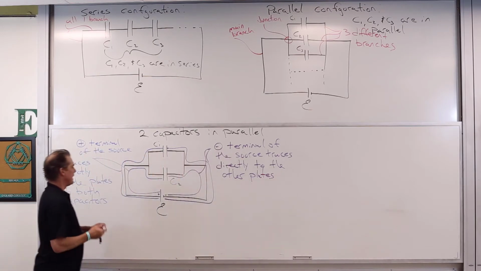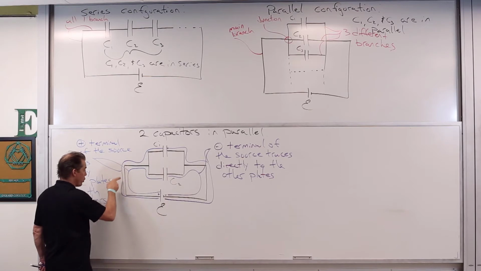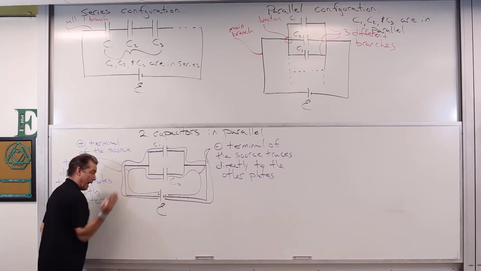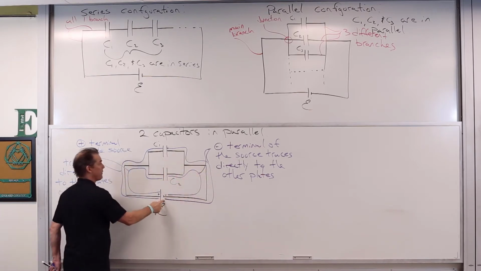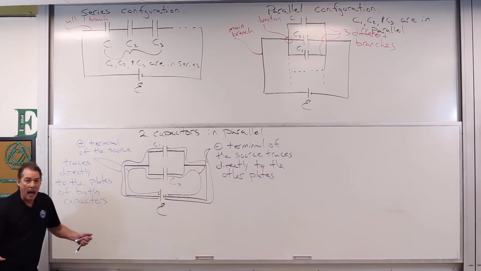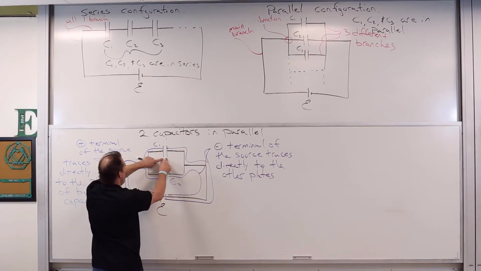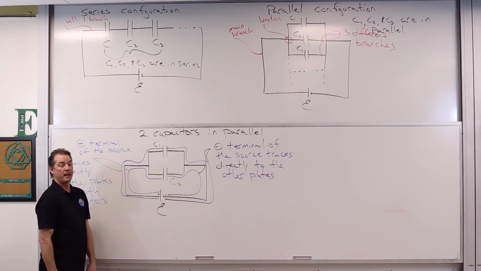So what does this mean? Well, it means that this plate is a direct extension of this terminal, and this plate is a direct extension of this terminal. And this plate and this plate are both direct extensions of this terminal. So what happens? Well, if this acts like this terminal and this acts like this terminal, the potential difference across this particular capacitor has to be the same as the source.